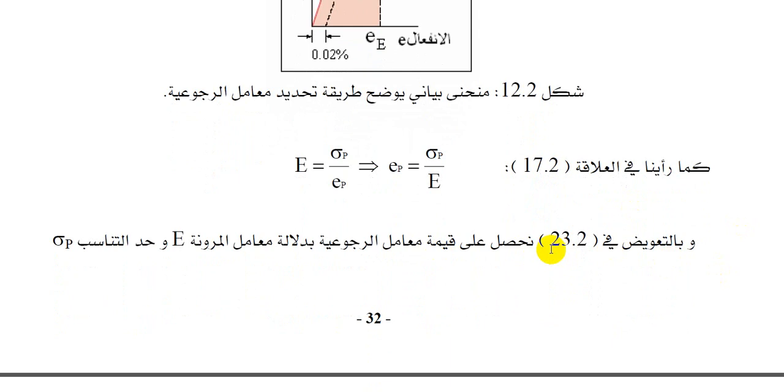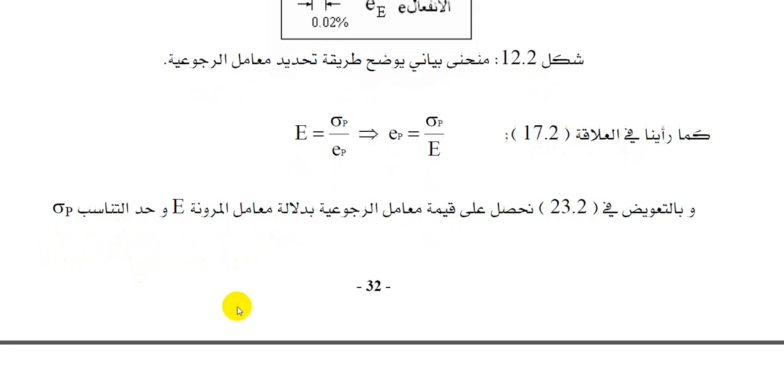By evaluating in equation 23.2 of the course, we get the value of the modulus of resilience in terms of the modulus of elasticity E, or the Young's modulus E, and the proportionality limit stress P, indicated as sigma P.